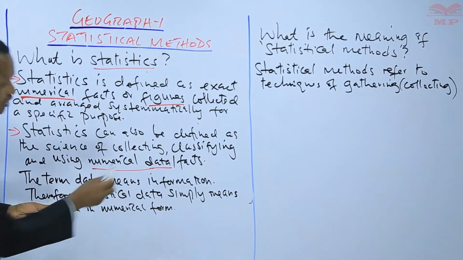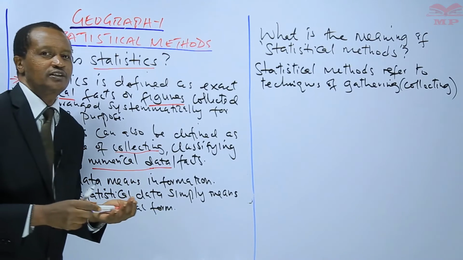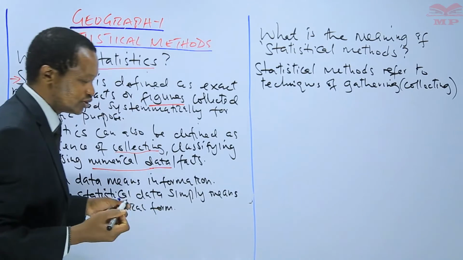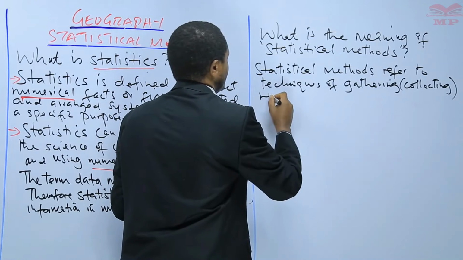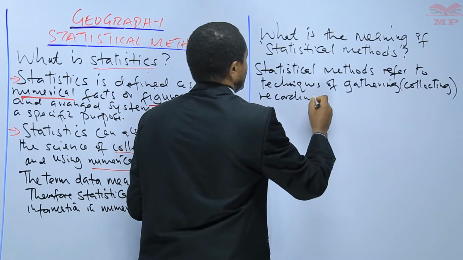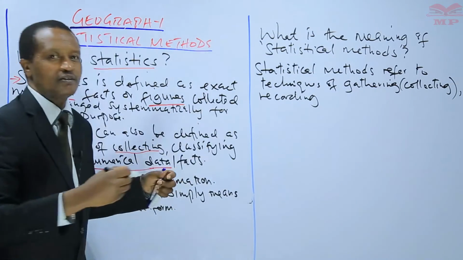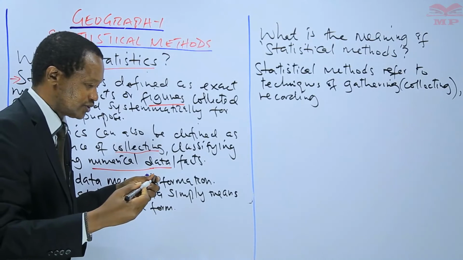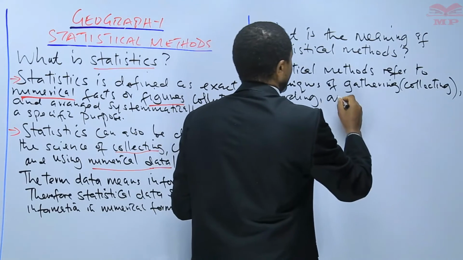Okay? Collecting, learners. Then after you collect, what do you do? After you collect data, you record. Recording, learners. You collect, then you record. After recording, what next do you do? You analyze. Analyzing.